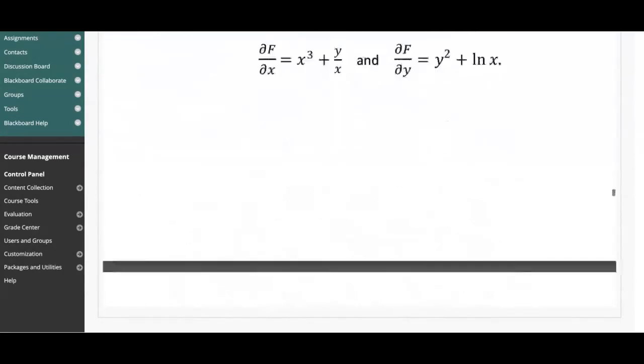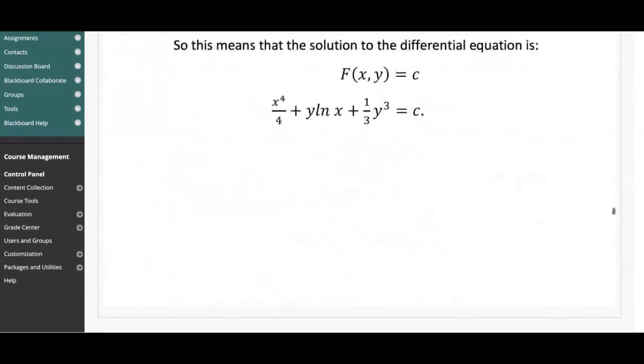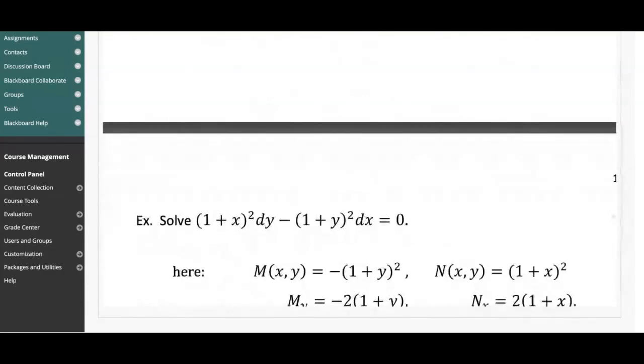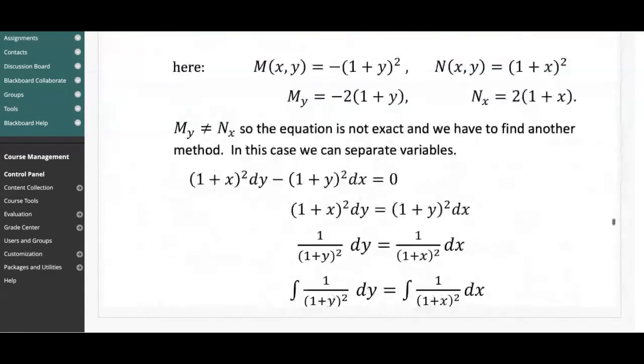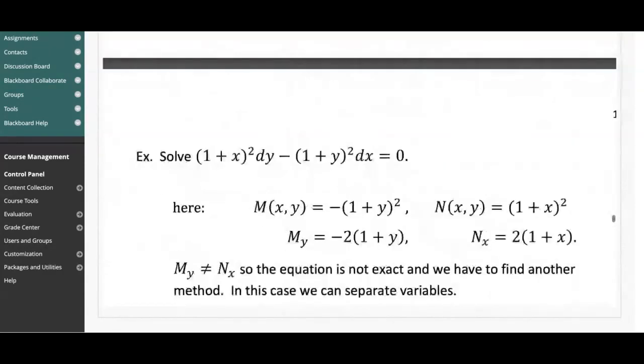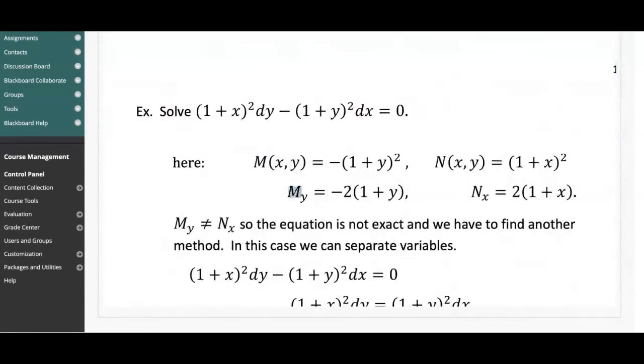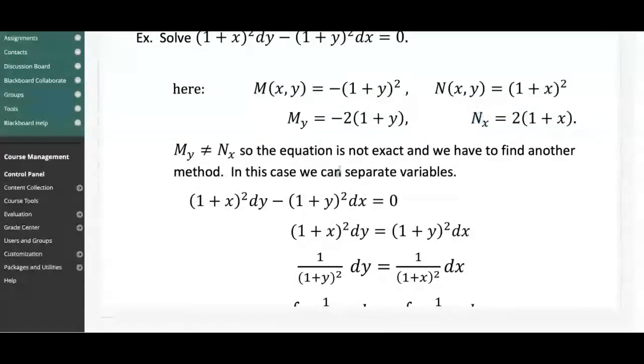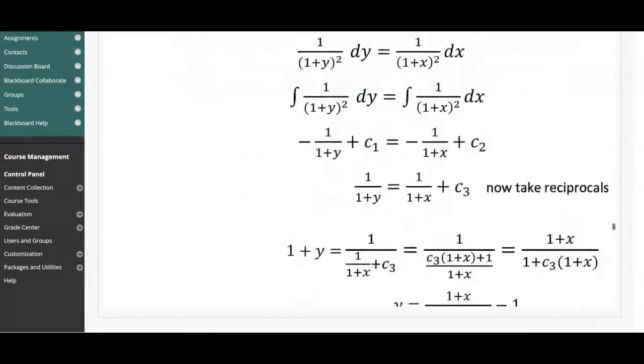Or if the mixed partials are not equal to each other, we can use the separable method. In this case, the mixed partials are not equal to each other, so we could use the separable equations to solve it.